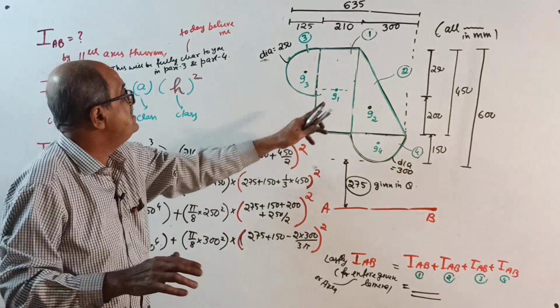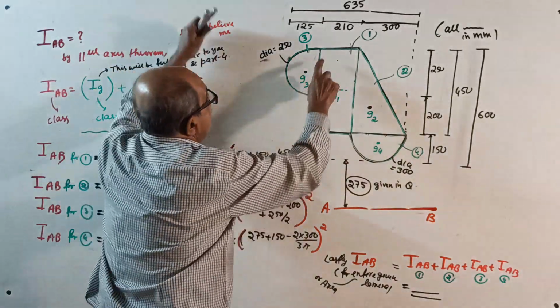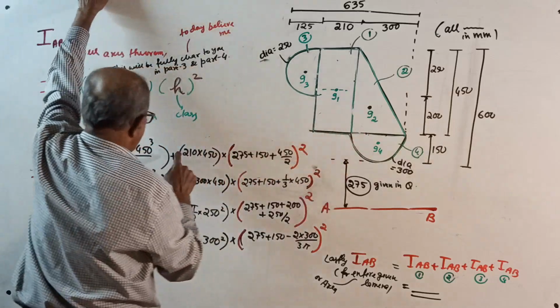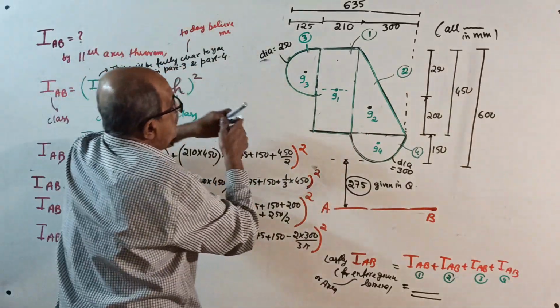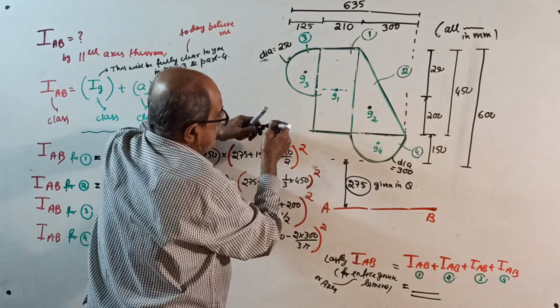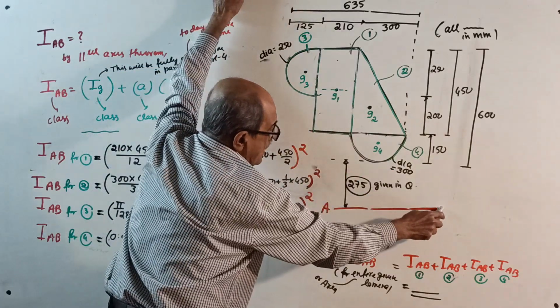So, IG over, plus the area 210 into 450, into the square of the perpendicular distance from the centroid of the component to the required axis.